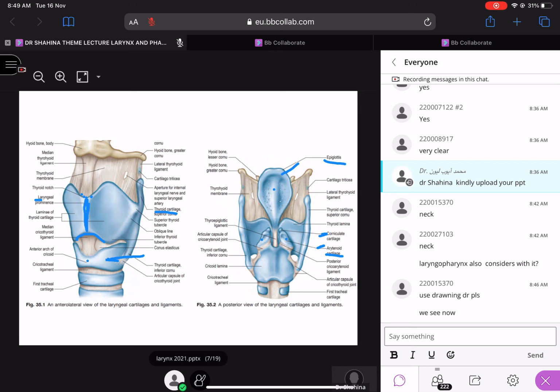This prominence grows in males after puberty. It makes an angle of 90 degrees in the male, whereas the angle is 120 degrees in the female. So it is not marked in females, whereas it is very much marked in males.